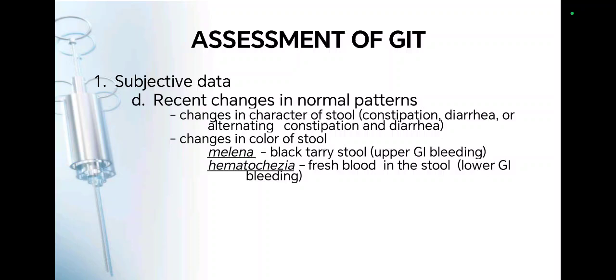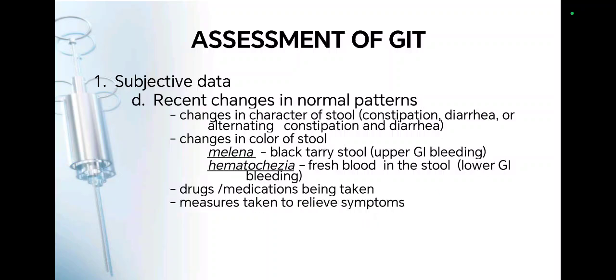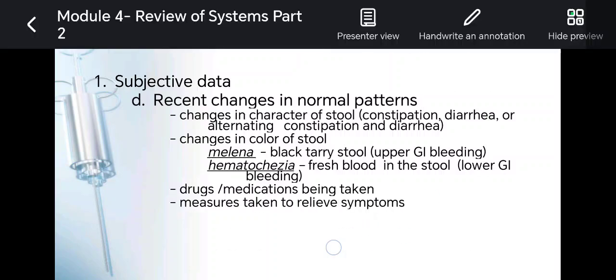And hematochezia, fresh blood in the stool, may signal that the patient has a lower GI bleeding. You also ask for any medications or drugs that they take, because for example, if the patient is taking iron, they may experience black stool. And then measures taken to relieve symptoms.